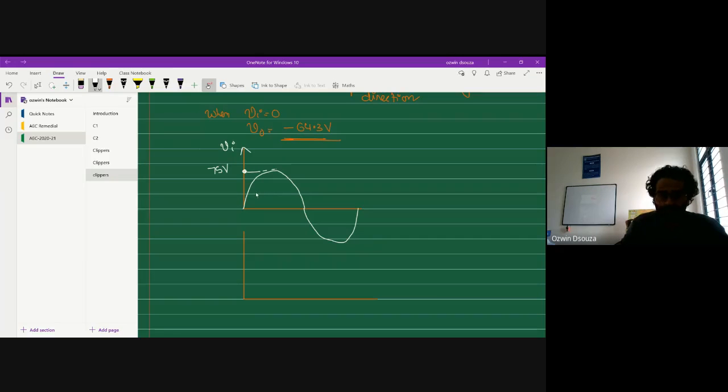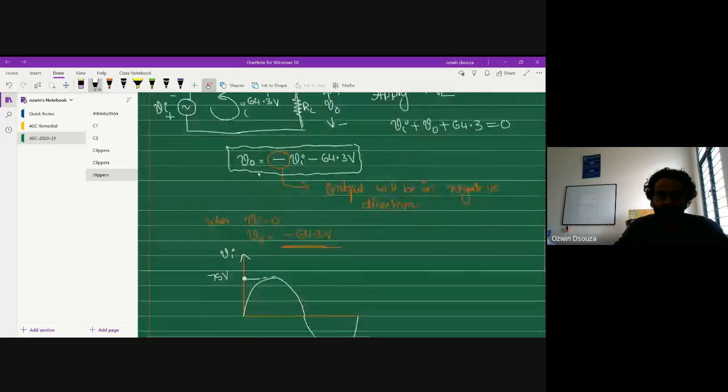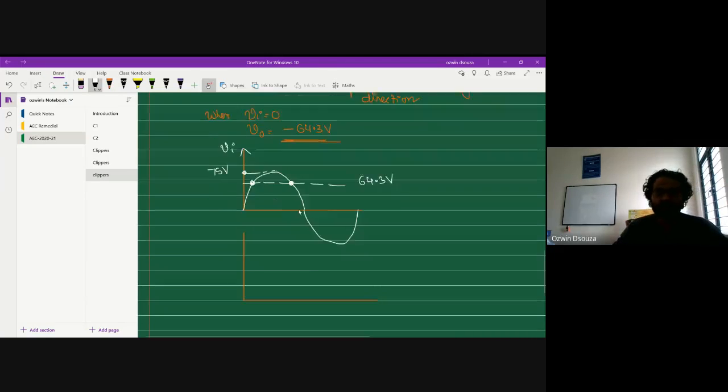And the positive half cycle is getting affected from the reference voltage value 64.3. So what we can do is draw the 64.3 voltage level, so that you get the transition points.